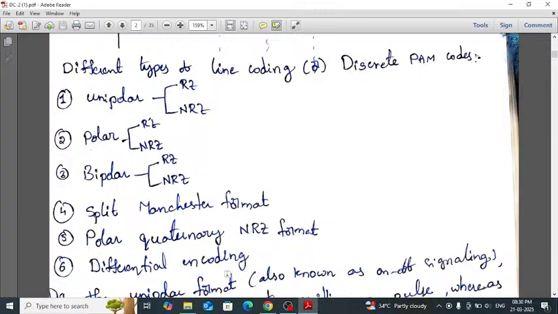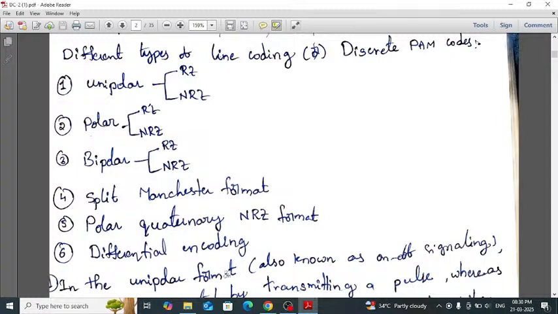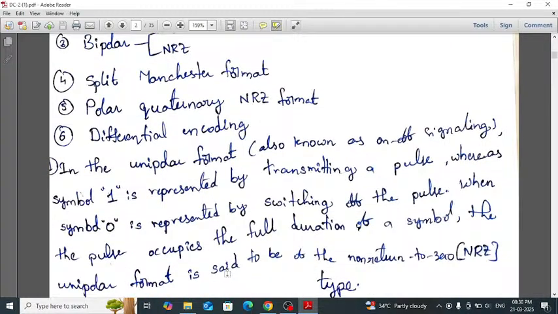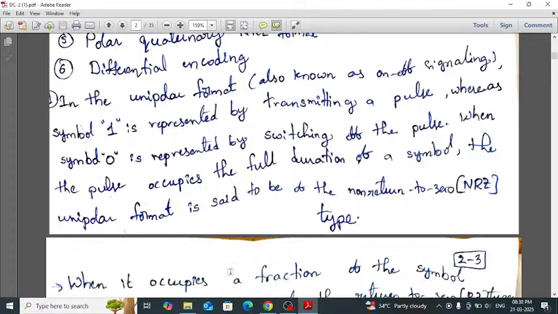So these are the different types of line coding techniques. We will see one by one. Unipolar. How to draw the unipolar and what is unipolar. So put the side heading unipolar format, which is also called as on-off signaling scheme.